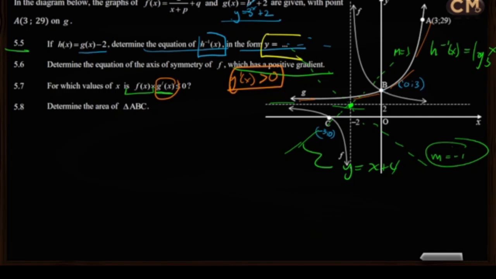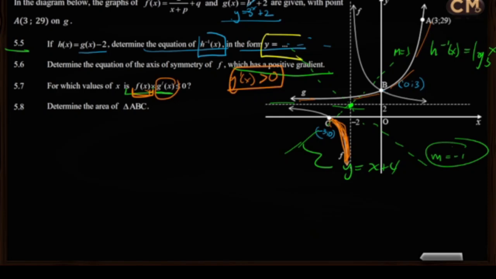What about f of x? Well, we can have a look at f of x. f of x is negative right here, because we're tracking the y values of f. That's what f of x is. It's the y values of f, and they are negative right there. What does it want? It wants the product of those two things to be less than 0, similar to what we did earlier.